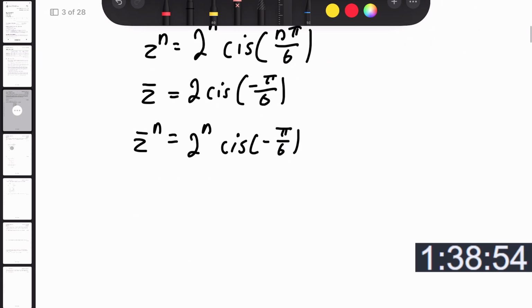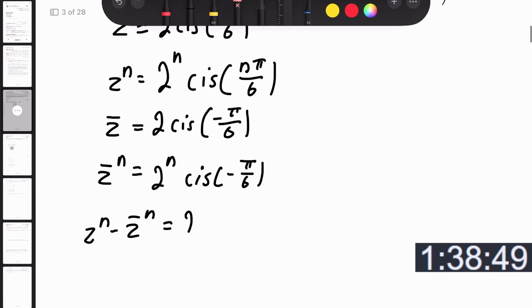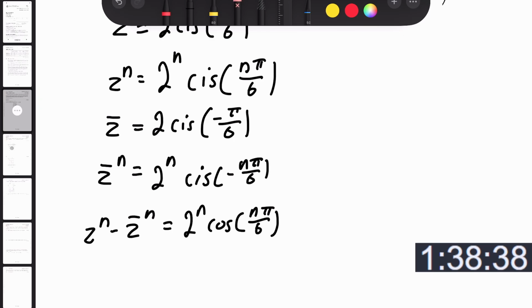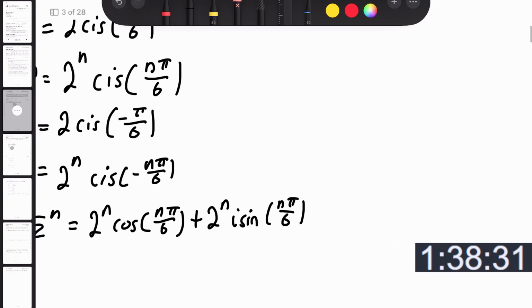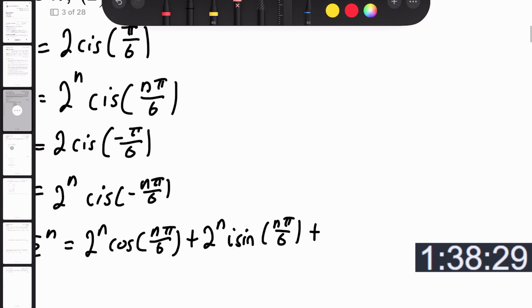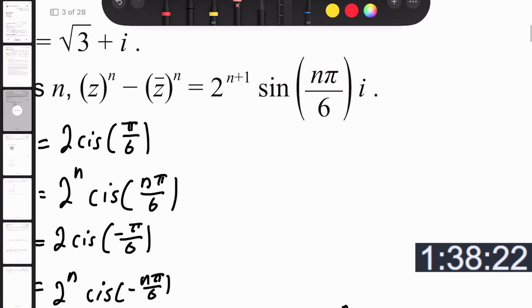So then z to the n minus z dash to the n is going to equal 2 to the n cosine of n pi on 6 plus 2 to the n i sine of n pi on 6, plus 2 to the n cosine of n pi on 6.